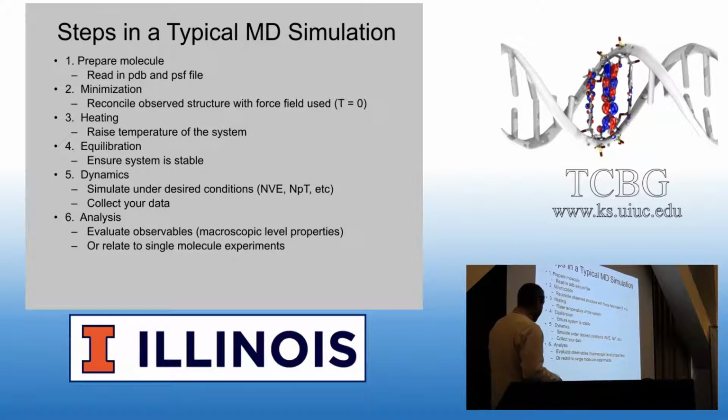But again, usually we try to connect the microscopic behavior to something that is measured experimentally, some macroscopic observables, usually average behavior of the system. Under microscopic conditions, things fluctuate much more, of course.